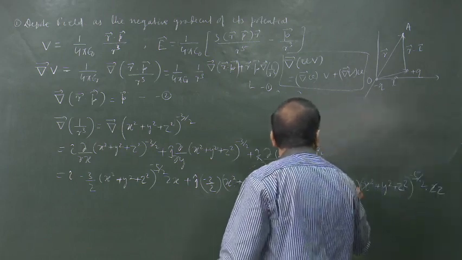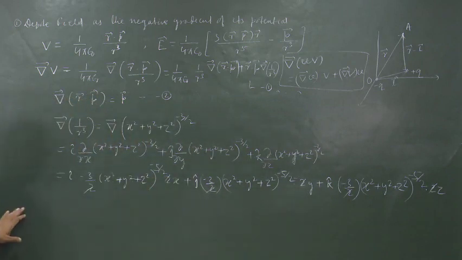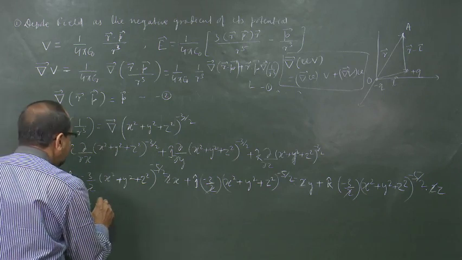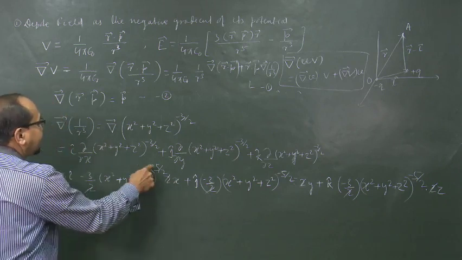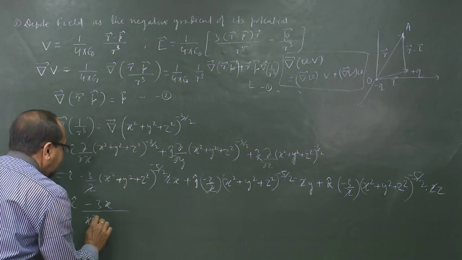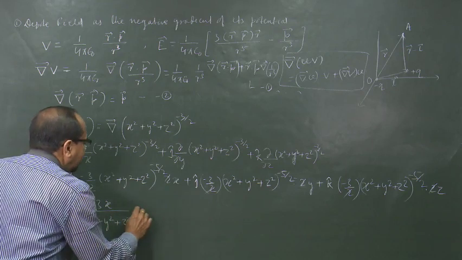So, here 2 cancels out, here 2 also cancels out, here 2 also cancels out, and we get i cap minus 3x, this one comes to the denominator and it becomes (x square plus y square plus z square) to the power 5 by 2.